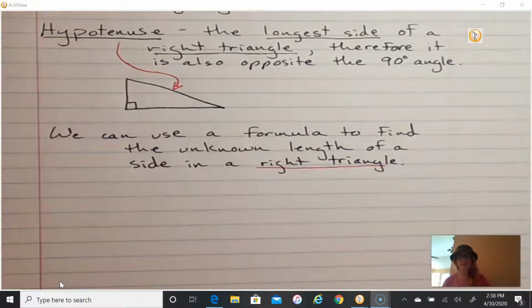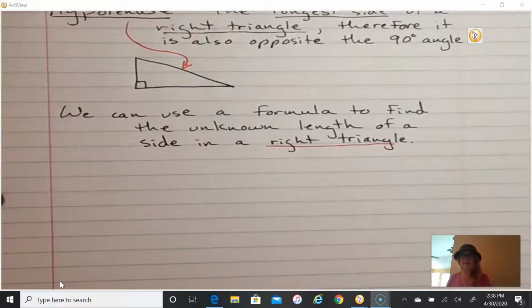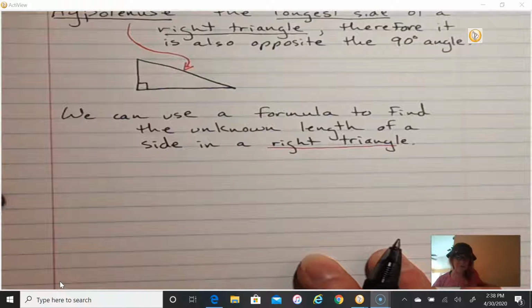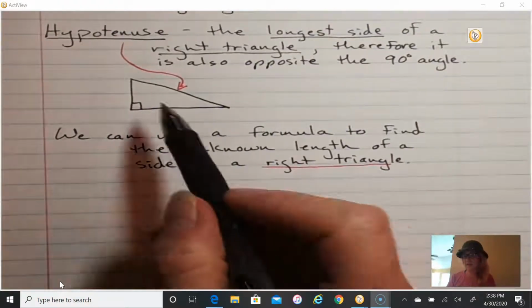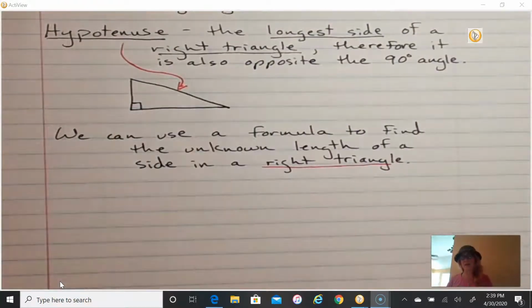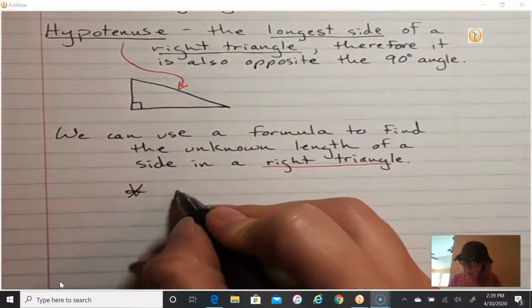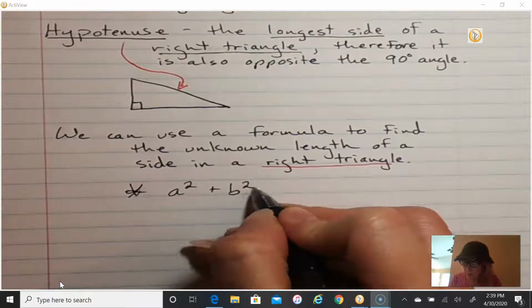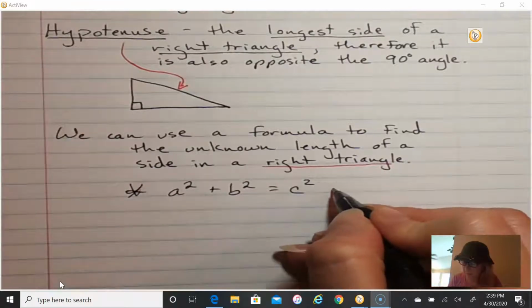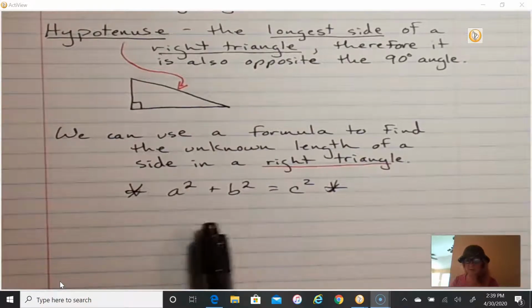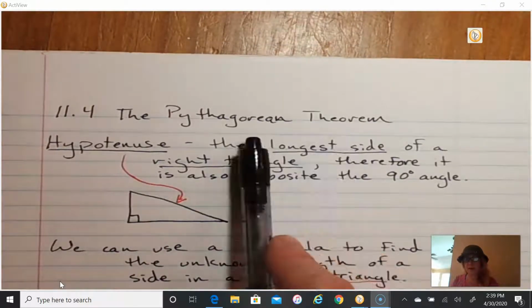This does not work for just any triangle. It only works for a right triangle. This formula, the Pythagorean theorem, is defined to be able to find any measurement of any side of a right triangle. And the formula is a squared plus b squared equals c squared. This is the formula for the Pythagorean theorem.